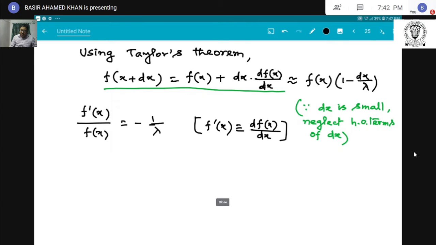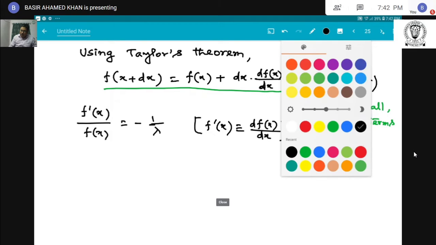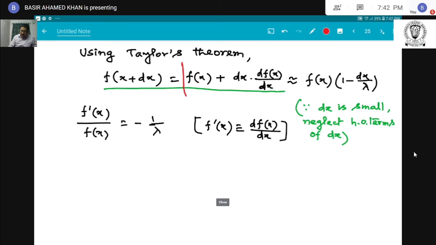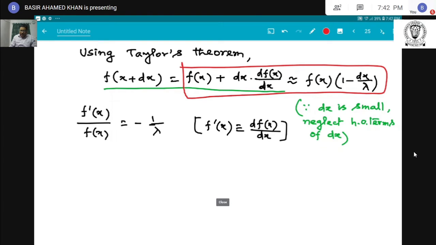We get from this relation f prime x by fx equal to minus 1 by lambda.